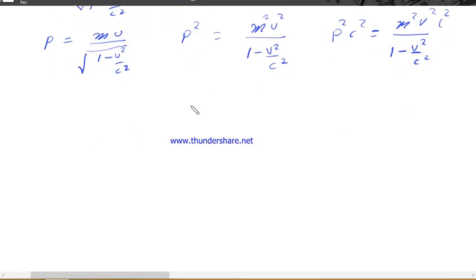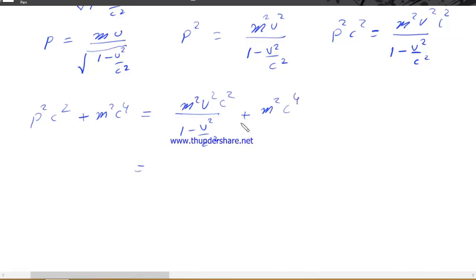Now we add to both sides of this equation, p square c square, and then we add m square c^4 to both sides. So m square v square c square divided by 1 minus v square over c square, plus m square c^4.